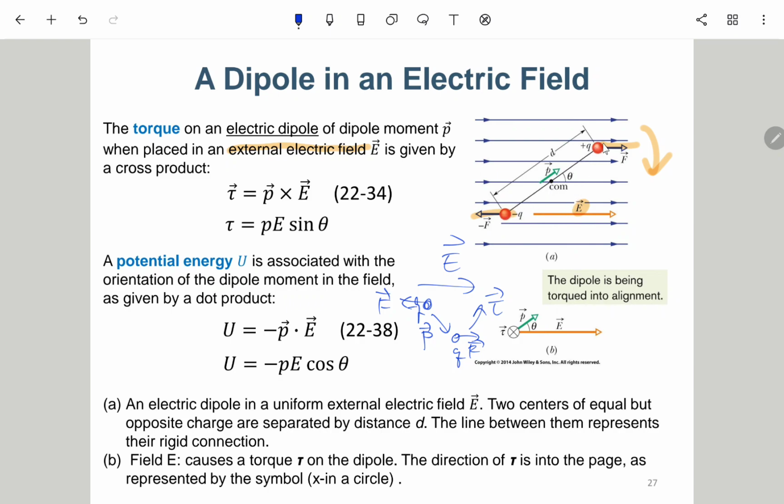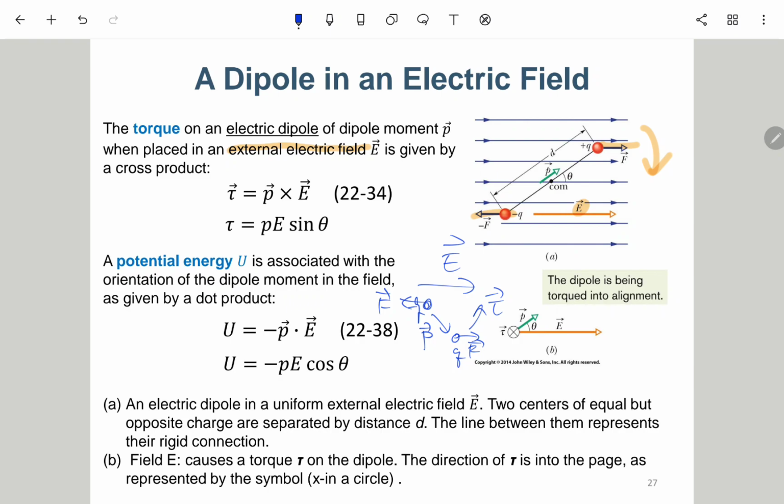Okay, so when this dipole is put in the E field initially at rest, it will be something like an oscillation. At the beginning, if it's like this, it will swing to this side, and then it stops, and then swings back.